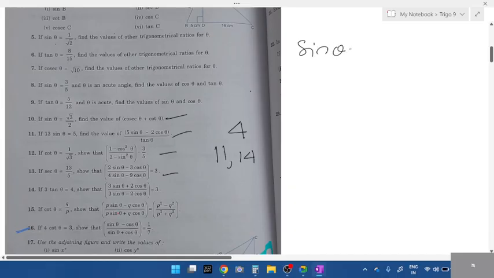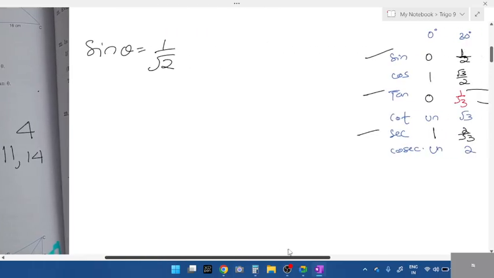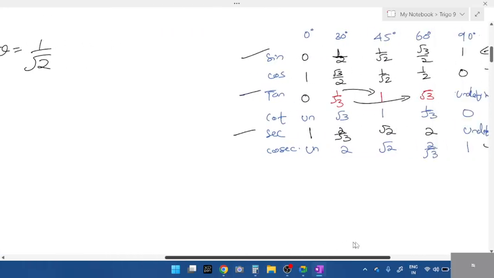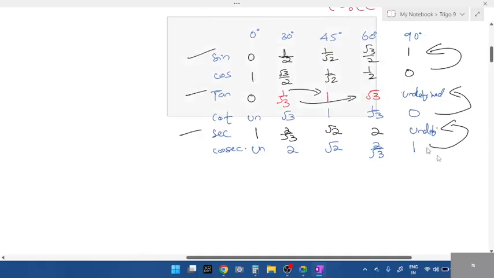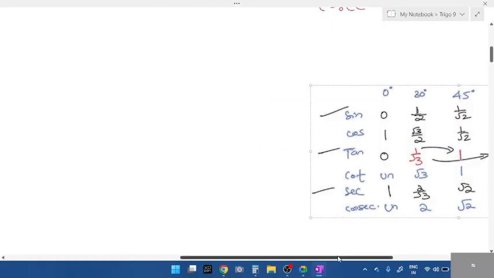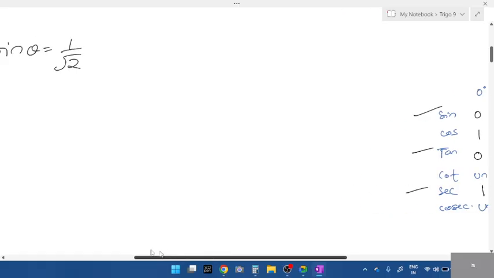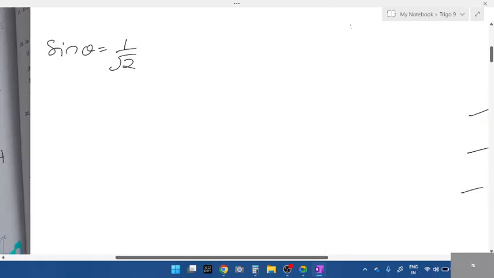First question, sin theta is equal to 1 by root 2. What do you need to find here? Find other trigonometric ratios. If you take other trigonometry ratios and formulas, what is the common thing we have? For any trigonometry ratio, the formulas for sine, cos, tan involve perpendicular, base and hypotenuse.